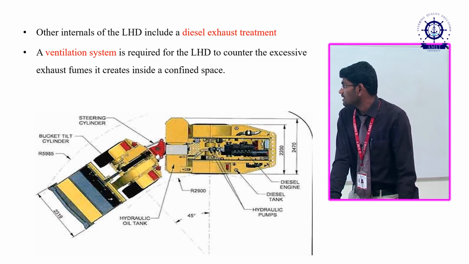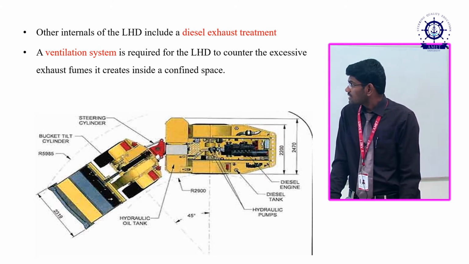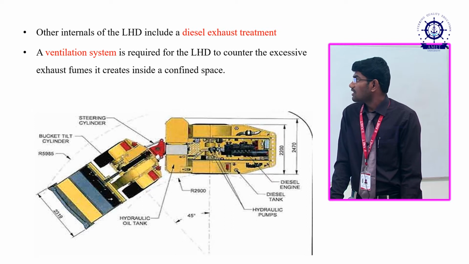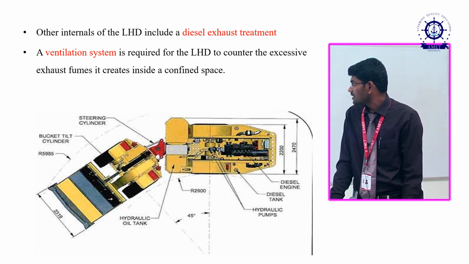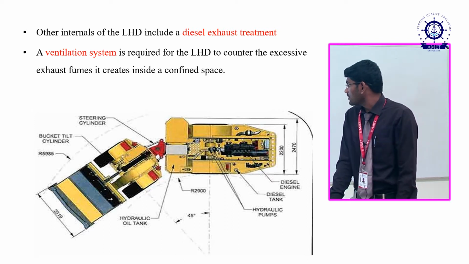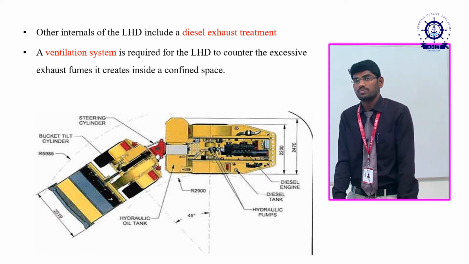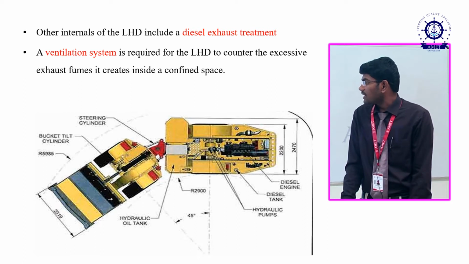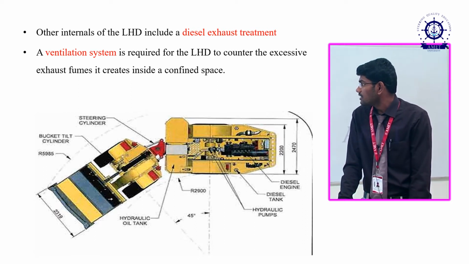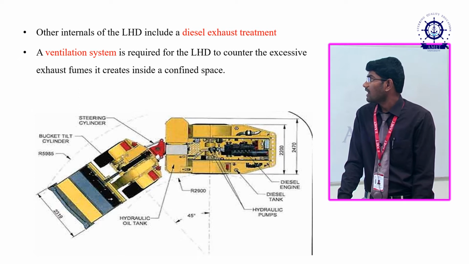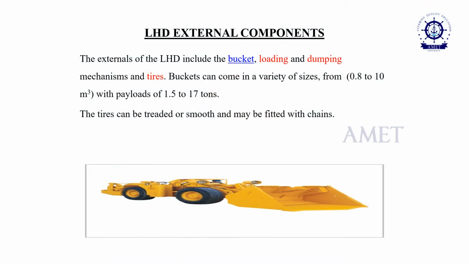Looking at the LHD, the front side has steering cylinders and bucket tilt cylinders, and the back side has the diesel tank, diesel engine, hydraulic pumps and hydraulic oil tanks. The main external component of LHD is the bucket. Bucket is the most important part in the LHD.